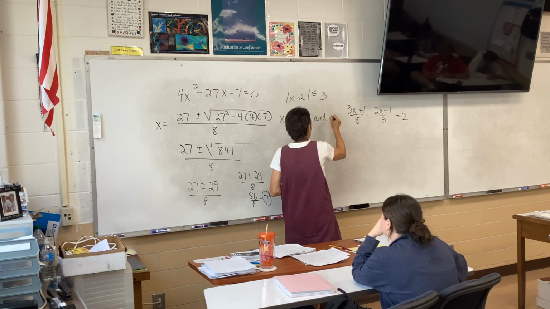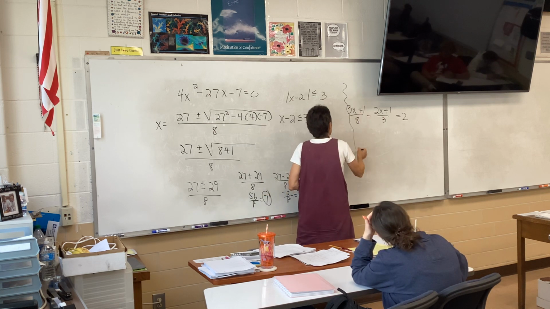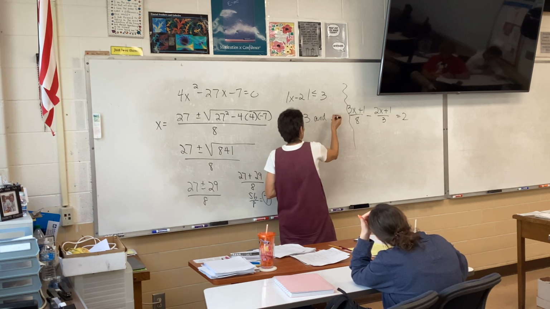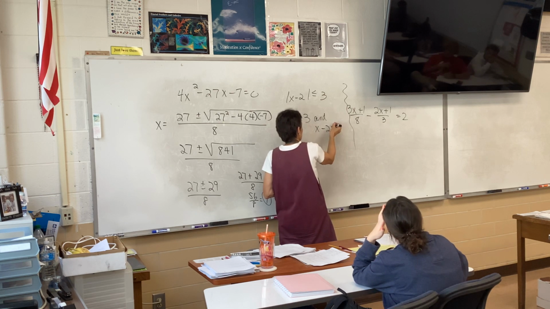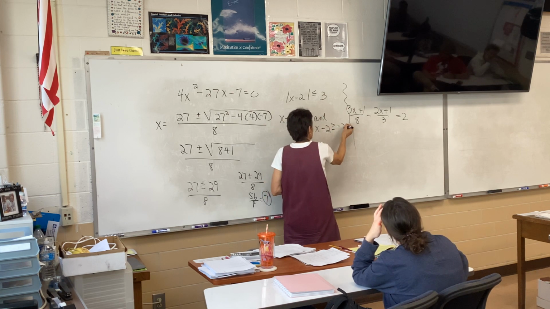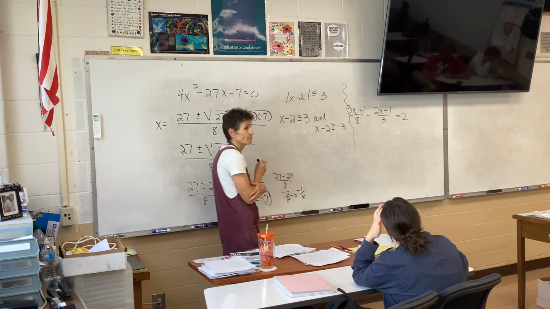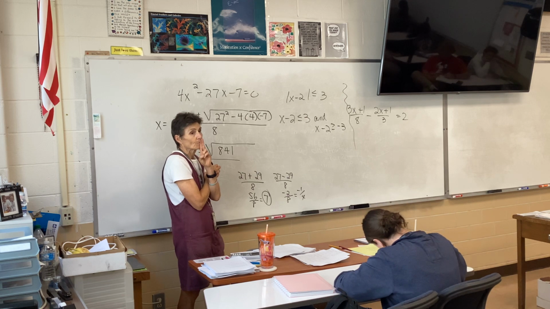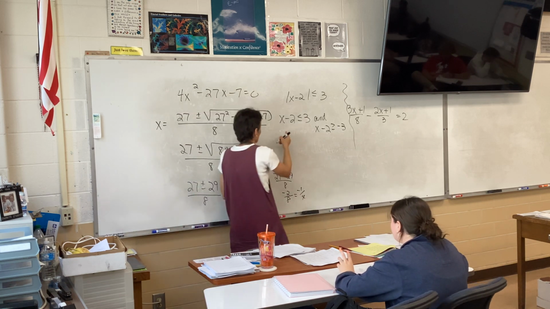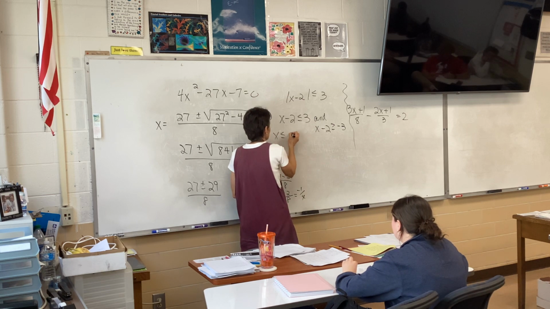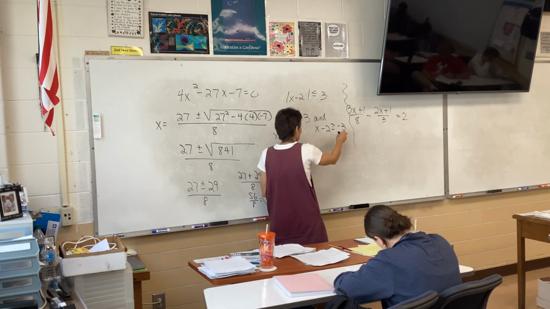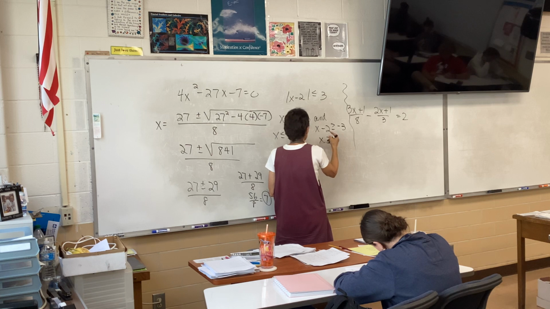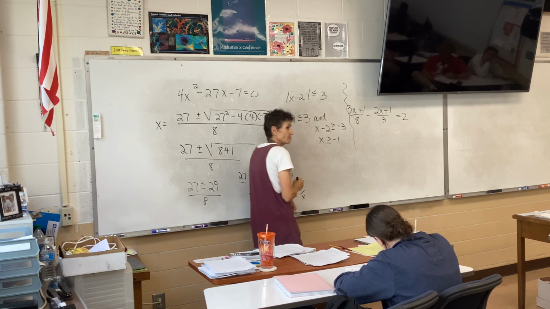And the second one is going to look just like it, except this turns around and this becomes negative, right? 2 steps there when you write that second one. Then we solve each one, so we just add 2. So x is less than or equal to 5. Add 2. X is greater than or equal to -1.